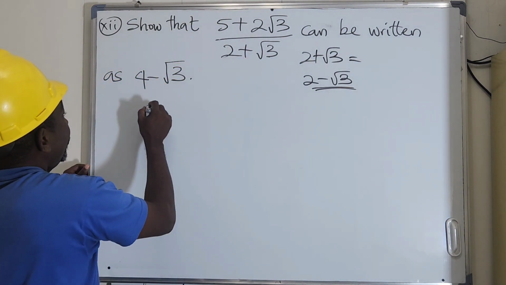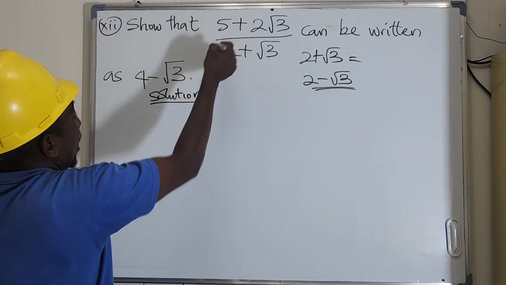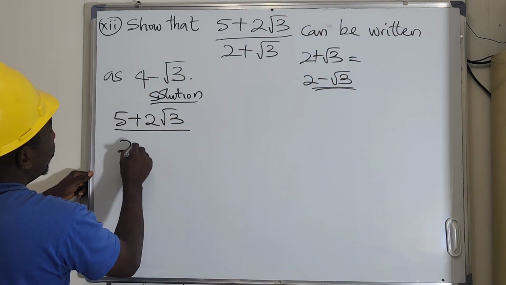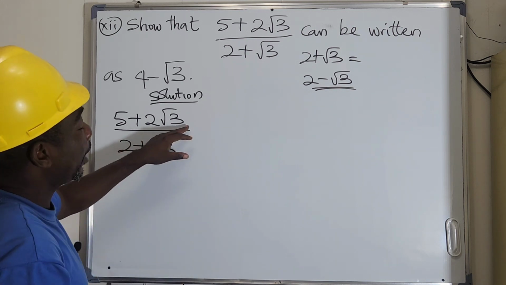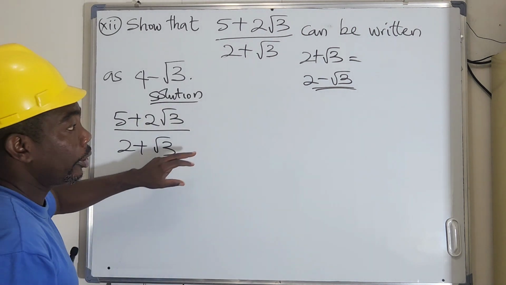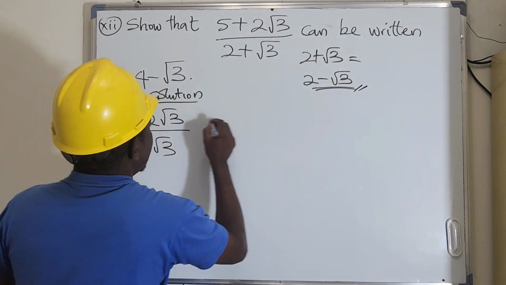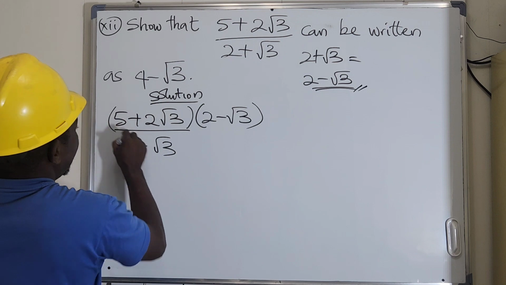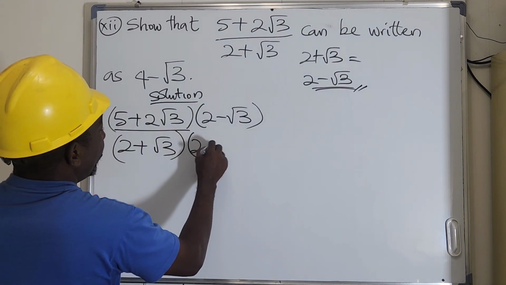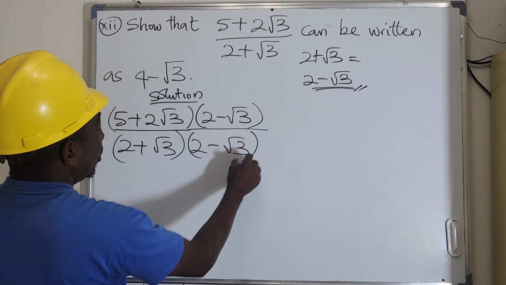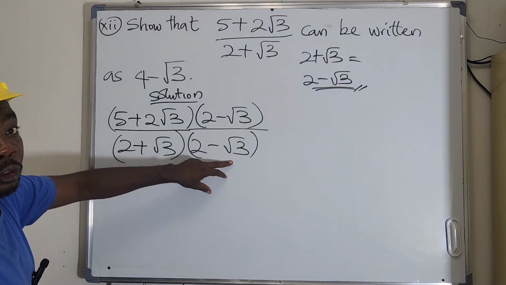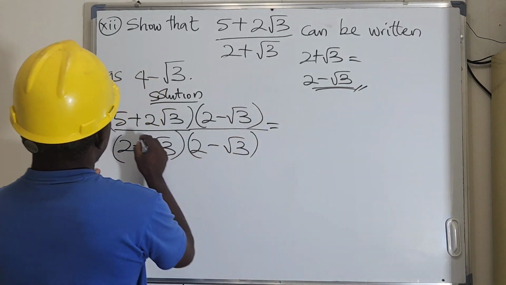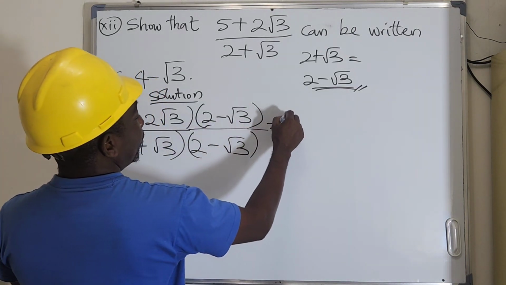So what we are going to do, we have the solution. We have 5 plus 2 root 3 all over 2 plus root 3. So we multiply the numerator and the denominator by this conjugate, which is 2 minus root 3. So this is what we have. This is a product of difference of 2 squares. And when we expand this, it will become 5 times 2, we have 10.